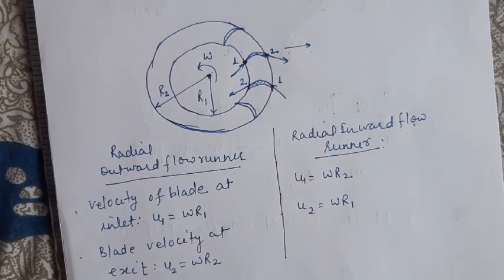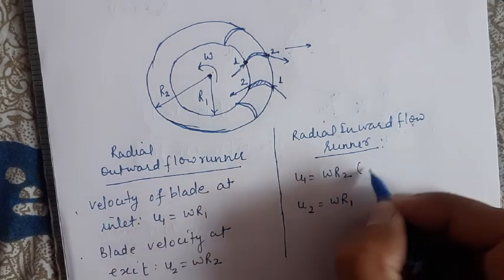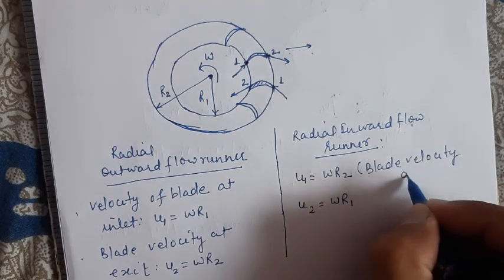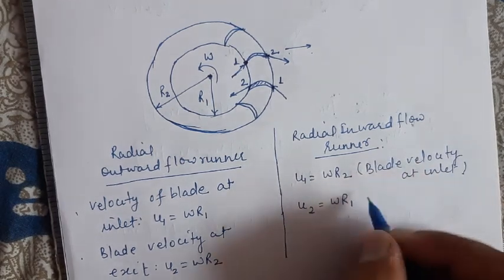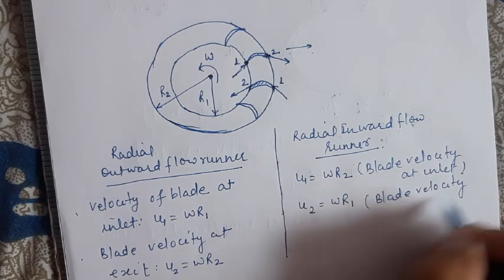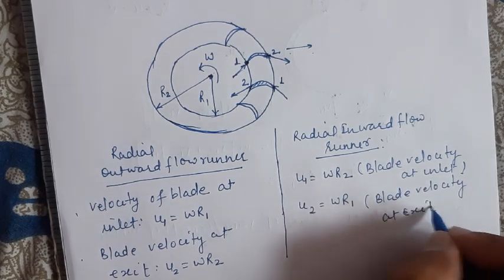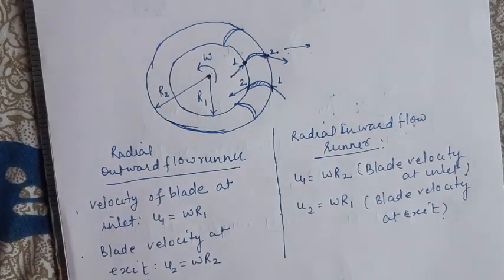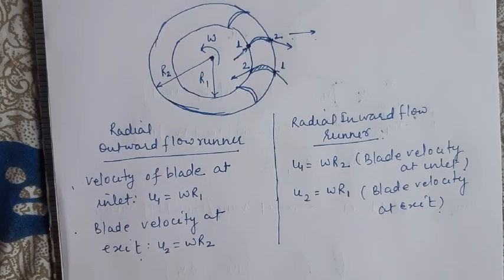For this particular case, I have done this to make you understand. In this case, this is blade velocity at inlet, blade velocity at exit. This is u2. I think it is clear to everyone.